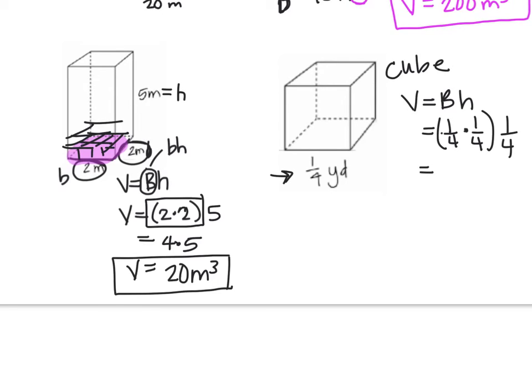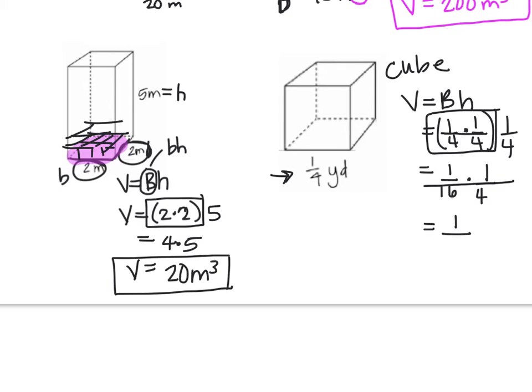So when we solve that out, we're going to deal with this first part. With fractions, I like to extend the line, and I get 1/16 times 1/4. If you notice, I switch between parentheses and dot, and that is okay. They're both equally acceptable. So I extend my line, and I get 1 times 1 is 1.